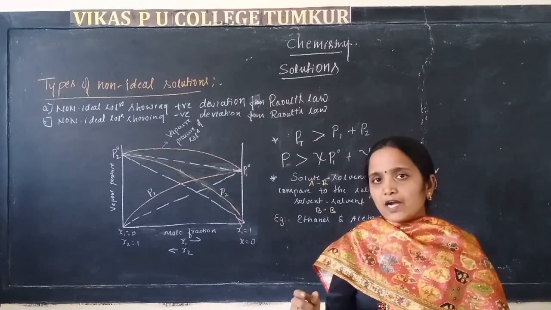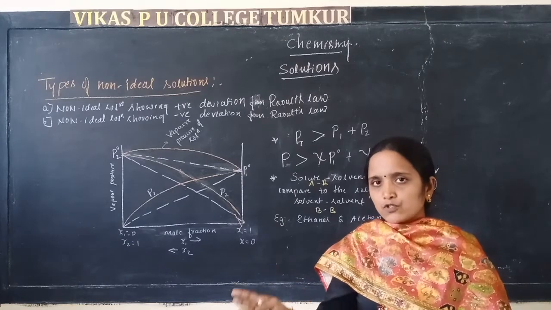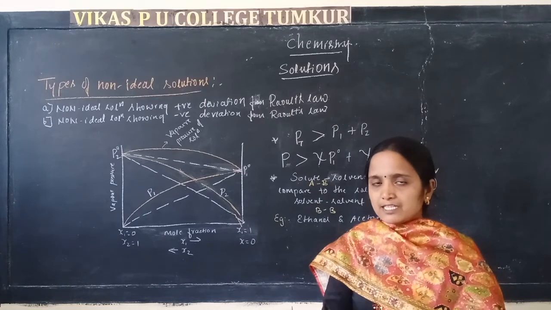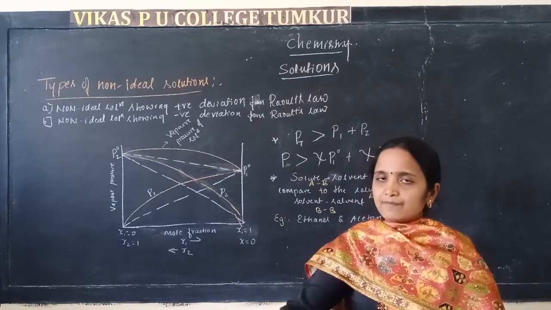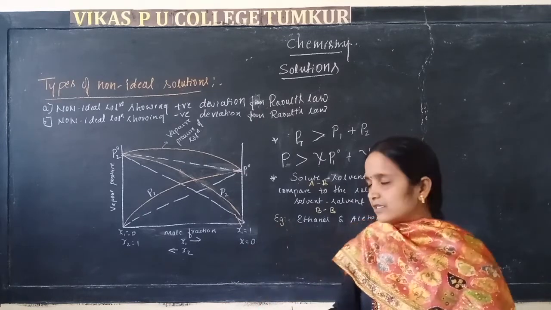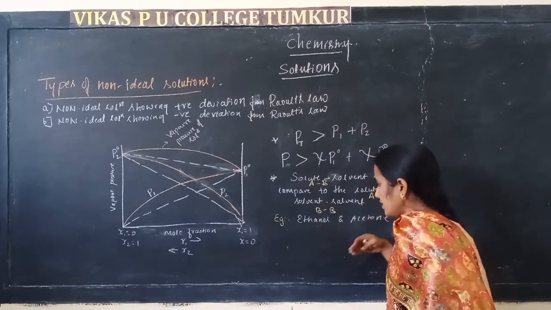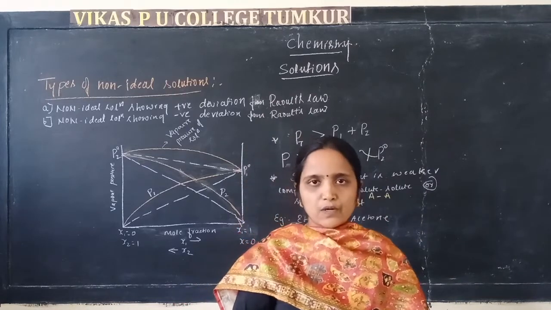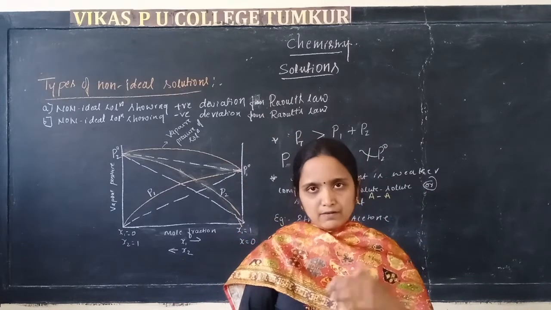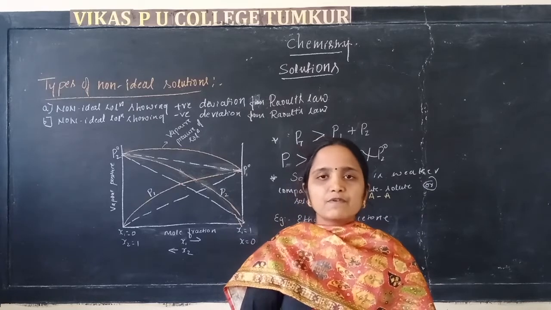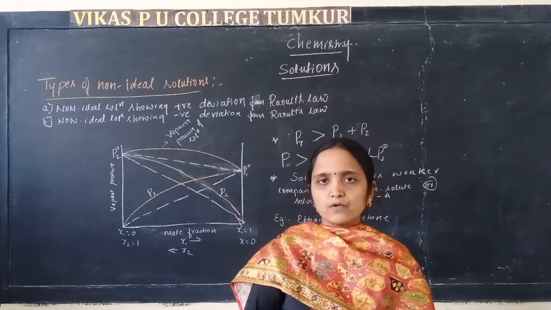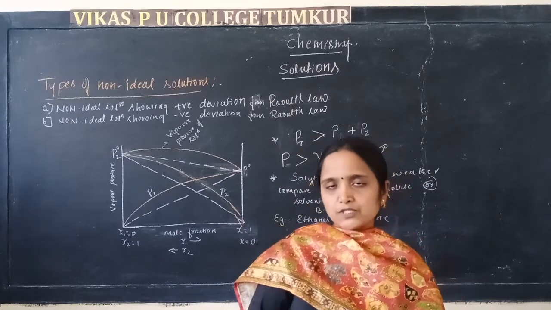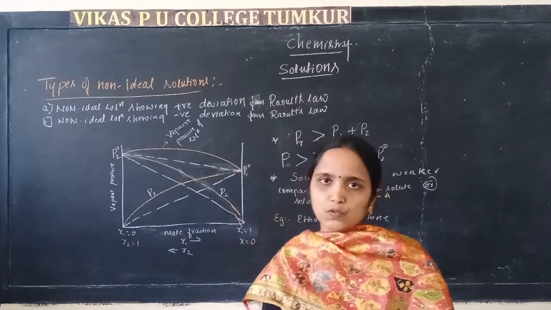At that time, the molecules have a greater tendency to escape, either ethanol or acetone molecules, and the vapor pressure automatically increases. Therefore, these types of solutions show positive deviation from Raoult's law.